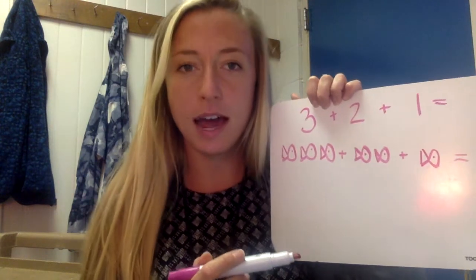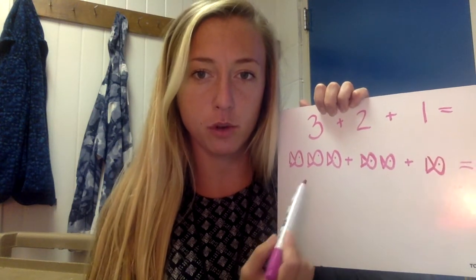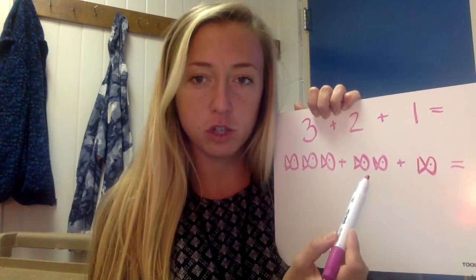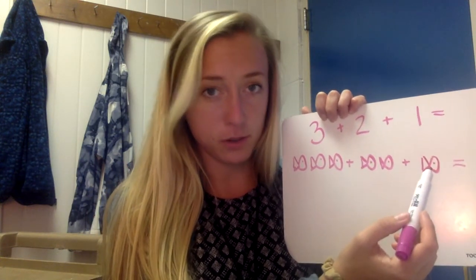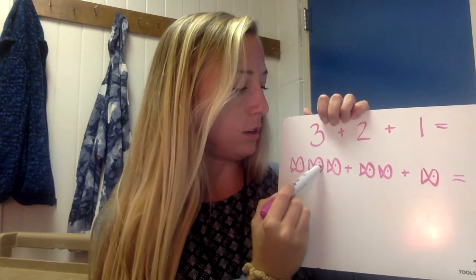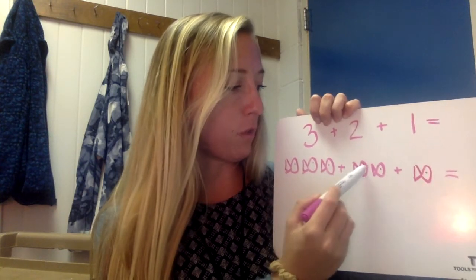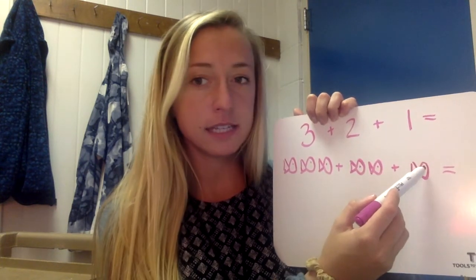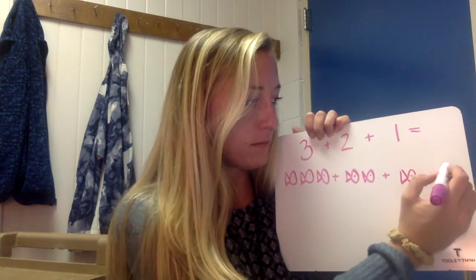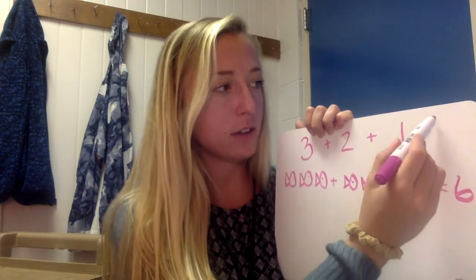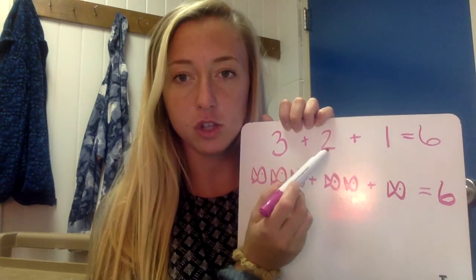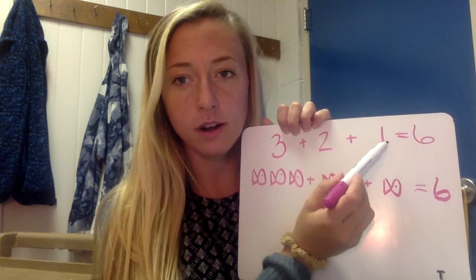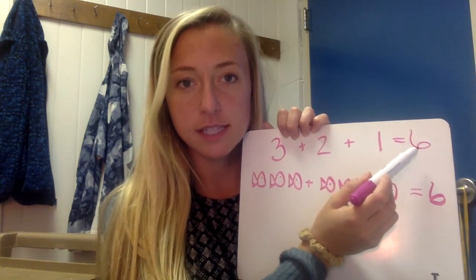We have to add all of them together. So 3 goldfish plus 2 goldfish plus 1 goldfish equals 1, 2, 3, 4, 5, 6. That means our answer up here is 3 plus 2 plus 1 equals 6.